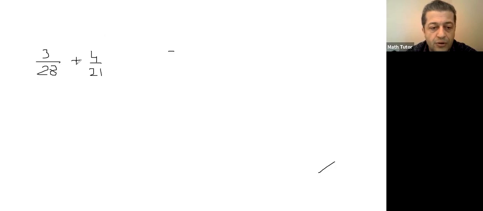So you don't know how to solve this example in a short way. Maybe you have learned that if you want to make this operation, here must be the same number, the same denominator, because fractions cannot be added without having the same denominator.